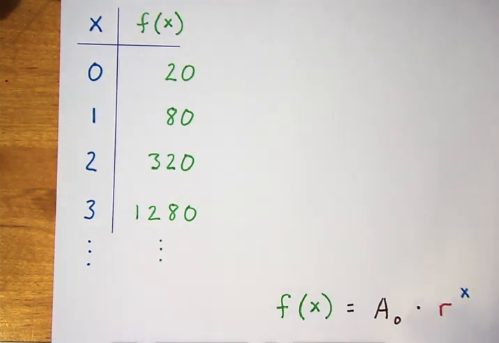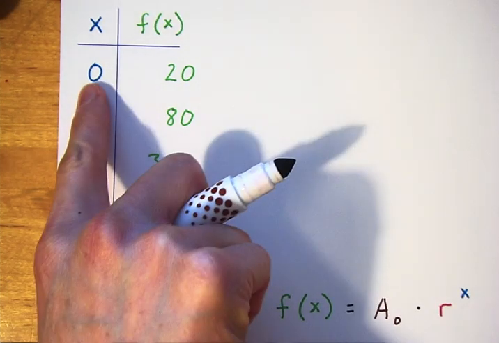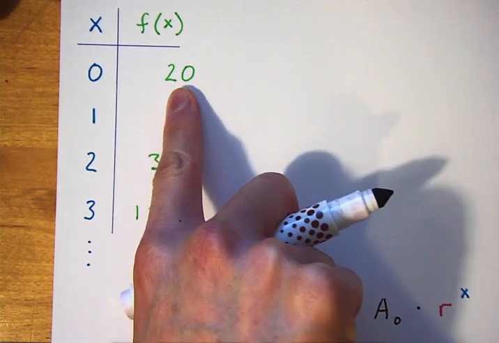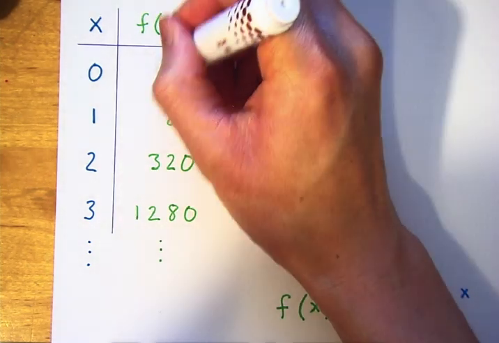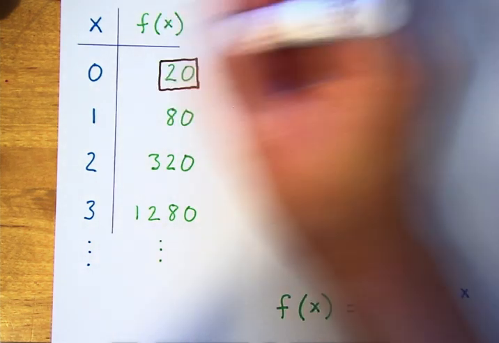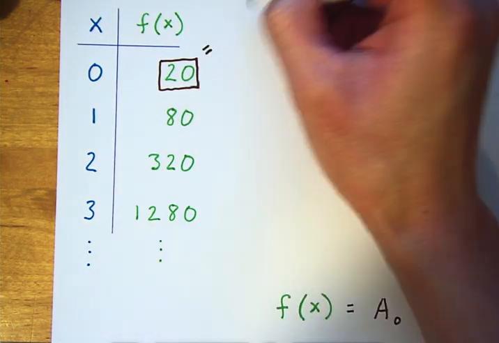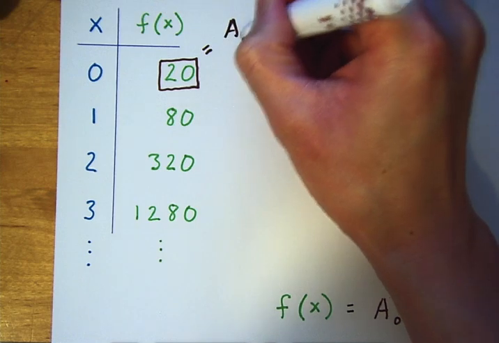So this a of 0, like we were saying before, is when x equals 0, what is your y value, or what is your f of 0? So right here, this number is equal to your a of 0.